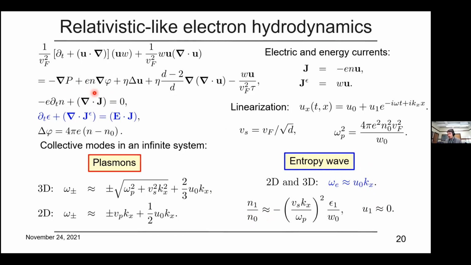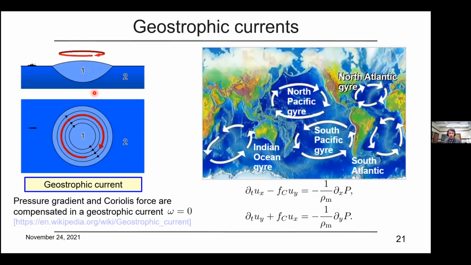So this mode looked quite unusual to us, but then we found that there are many similar modes in physics. Among them, for example, I would like to briefly stop on the so-called geostrophic currents, which also have a vanishing frequency, and they appear because pressure gradient and Coriolis force are compensated.